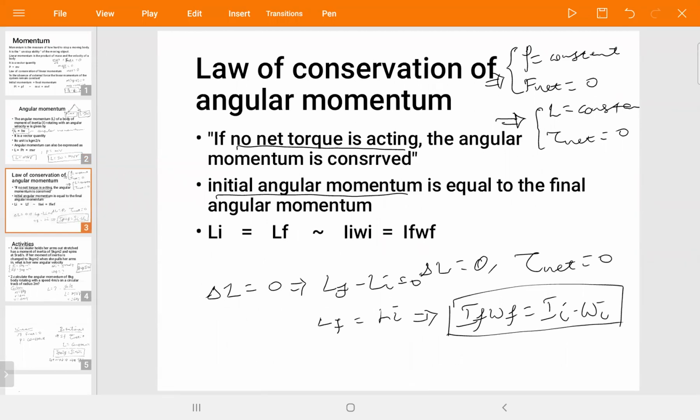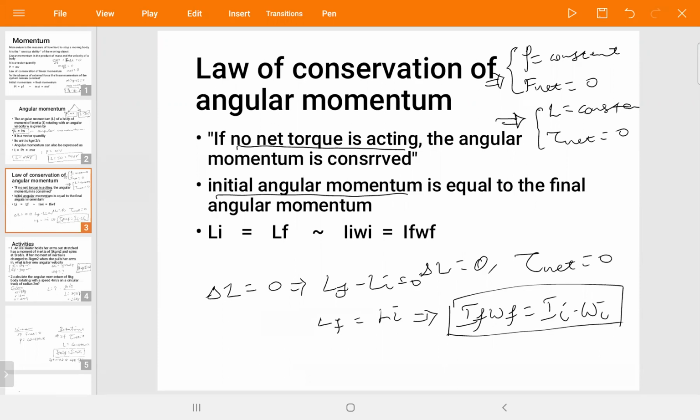In a similar way to linear momentum, angular momentum can also be conserved throughout the rotating motion. Angular momentum can remain the same value, but this will happen when the net torque is zero.